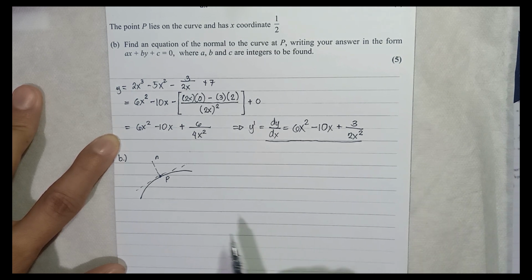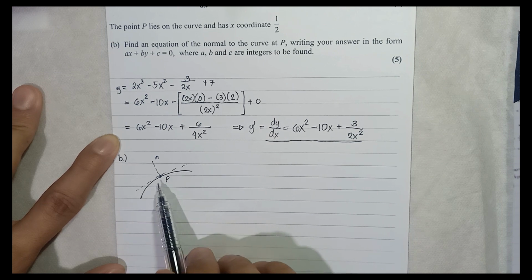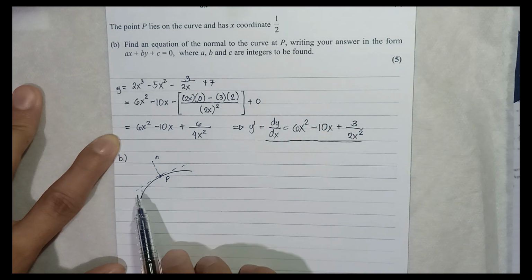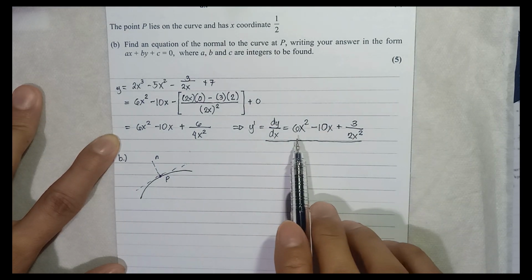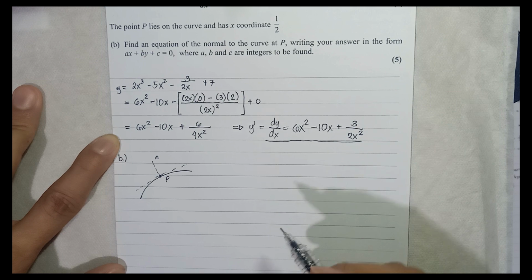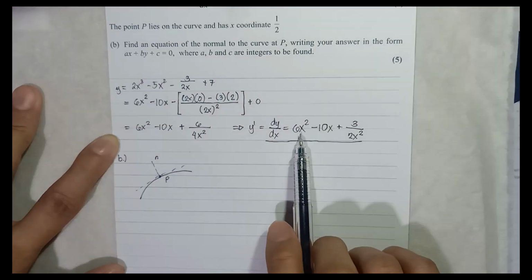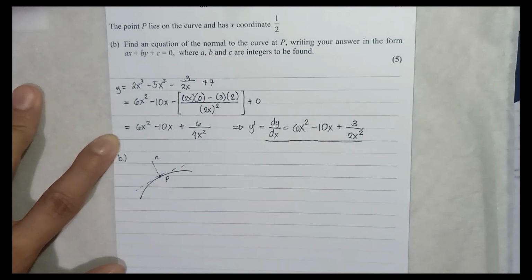Since the tangent line passes through point P, and point P has an x coordinate of 1/2, we can get the slope of this tangent line using this equation. So we just substitute 1/2 for x here in our dy over dx.